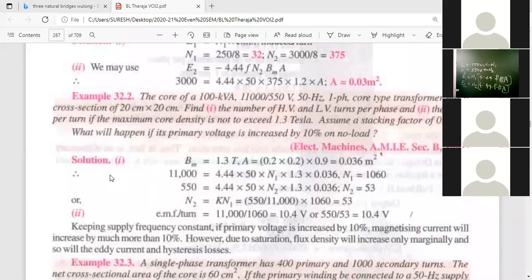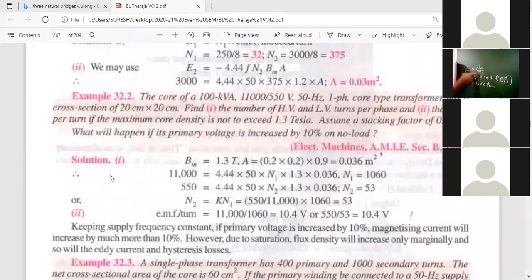N1 is 1060. If you know N1, there is no need to use that formula E2 equals N2 into 4.44 FBA. Directly you can calculate N2 by using the formula E2 by E1 is equal to N2 by N1.